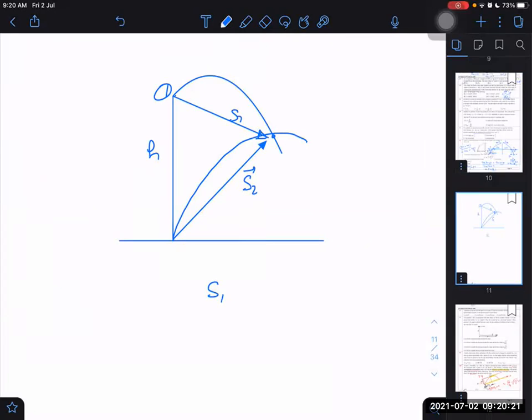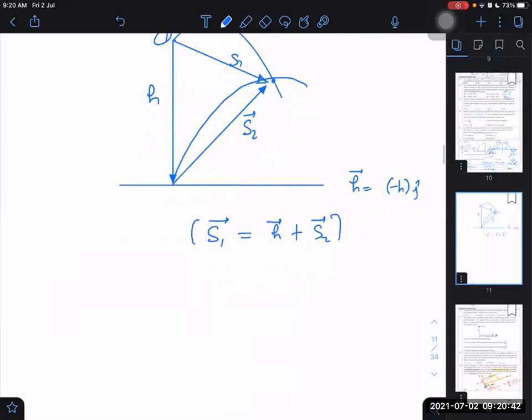I can treat H also like a vector, vertically downwards, so S1 becomes the superimposition of H plus S2. Here I am taking H vector as minus H j cap. Is it right or not? S1 is equal to H plus S2.